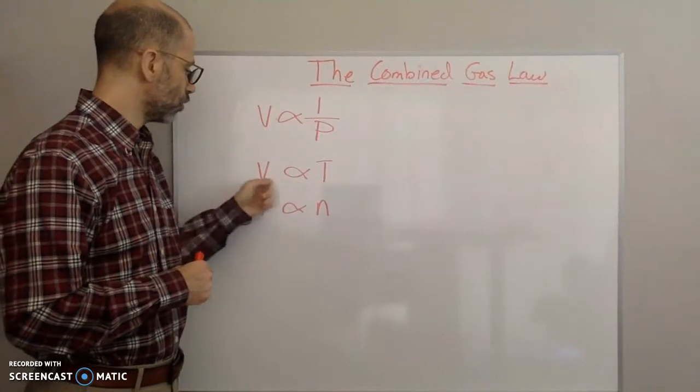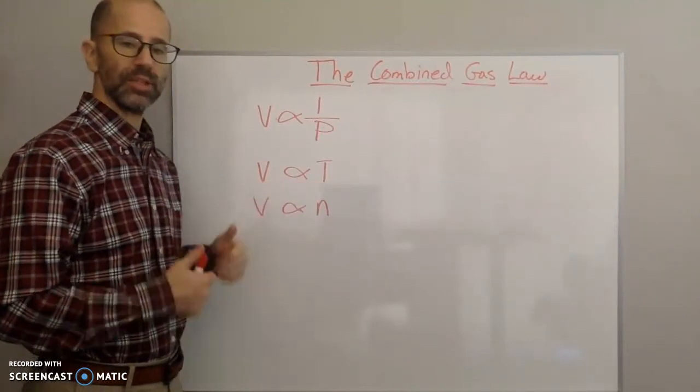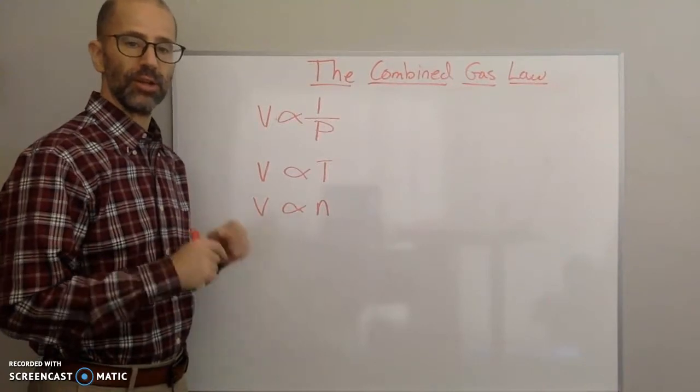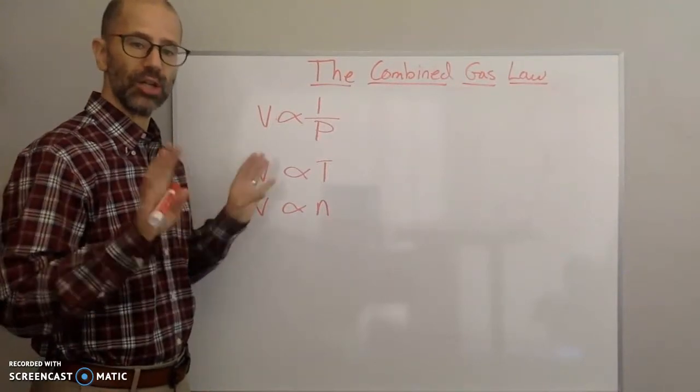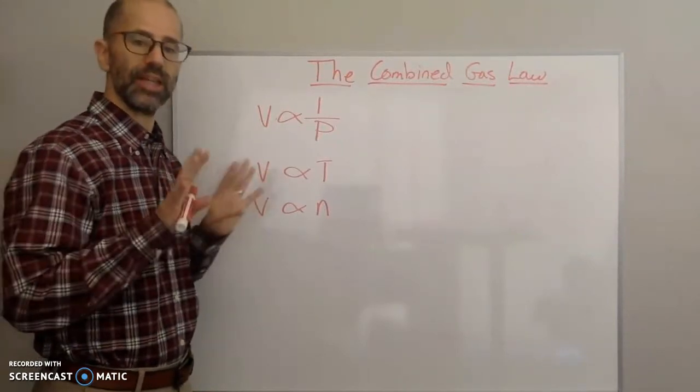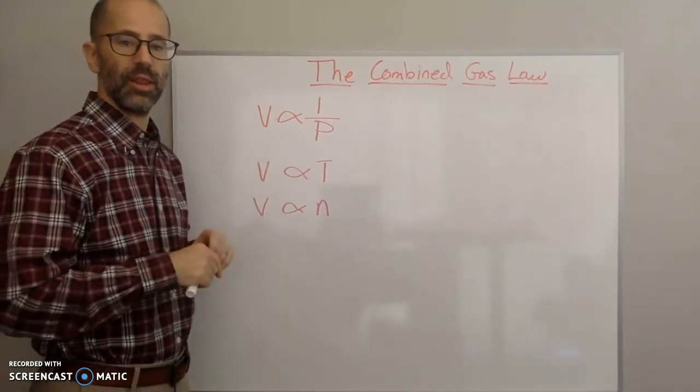Temperature and volume are directly proportional, because if you raise the temperature, you're going to make the molecules move faster. They're going to hit the sides of the container harder, increasing the force and therefore increasing the pressure, and that's going to widen the volume.